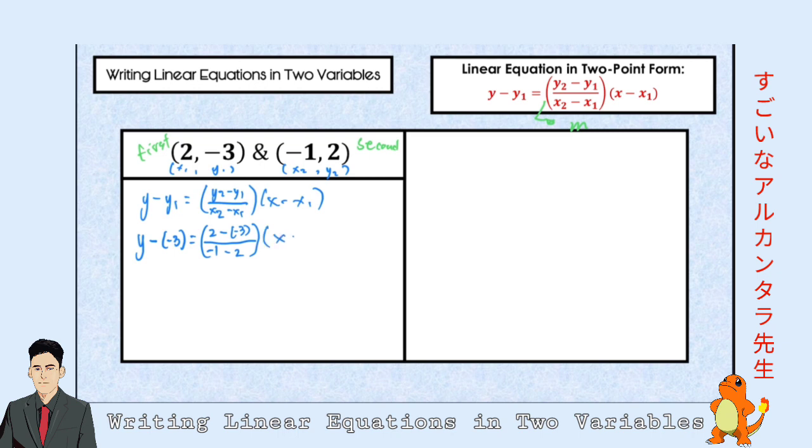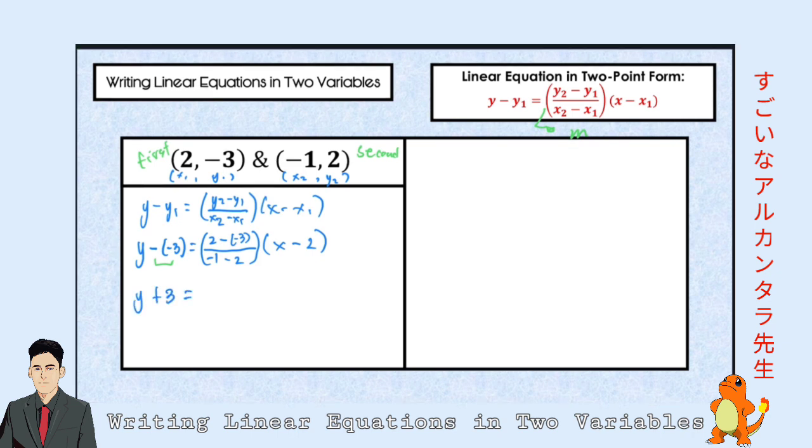Then you're going to multiply that later to x minus x sub 1, which is 2. So to continue with this, you have the negative sign and the negative 3. This will make it y plus 3 equal to. Similarly, you have the negative and the negative 3 here. That will make it 2 plus 3. Now we can simplify the negative 1 and negative 2 as negative 3. Then x minus 2.